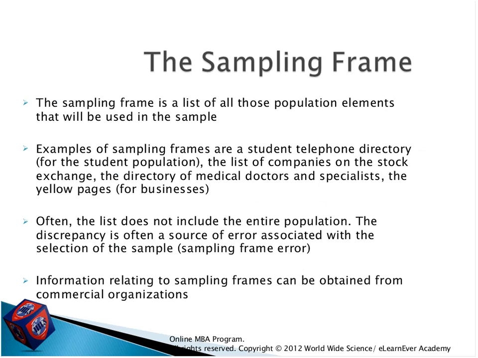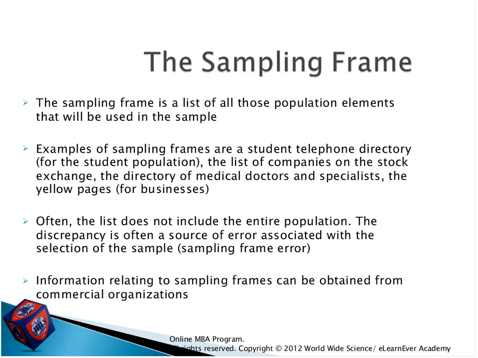The sampling frame is a list of all those population elements that will be used in the sample. For example, a student telephone directory for the student population. So if your target population is students, a student telephone directory can be a sampling frame.